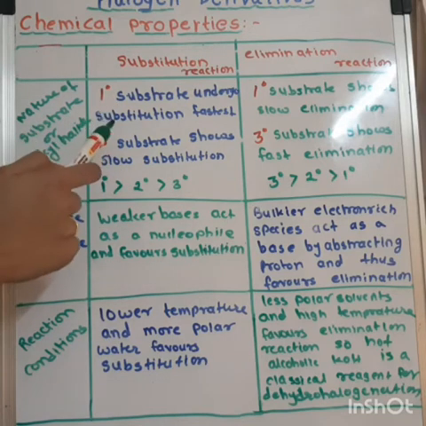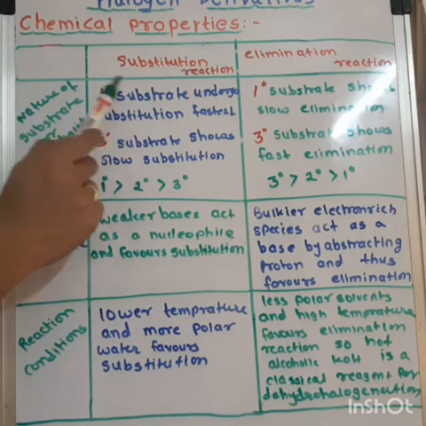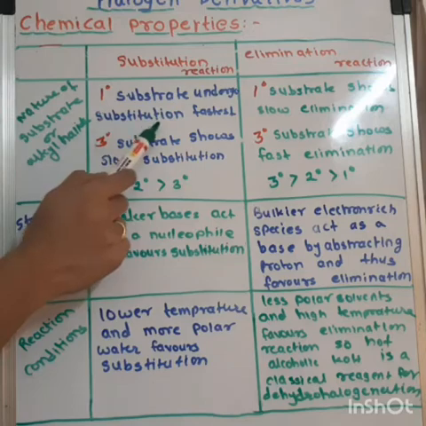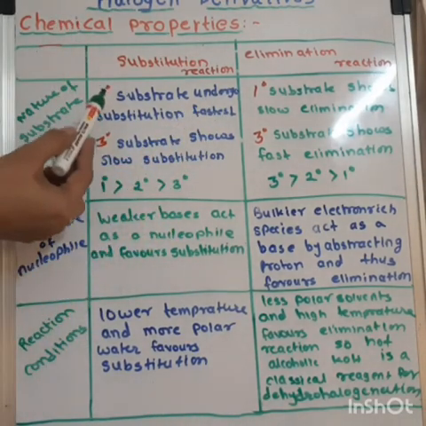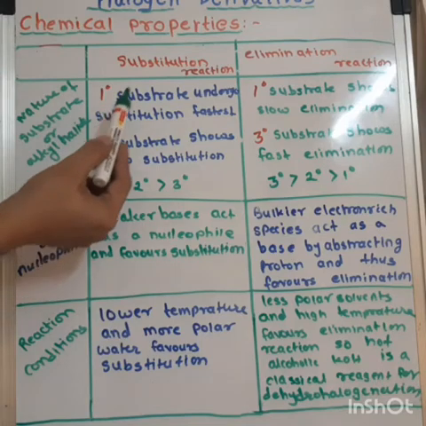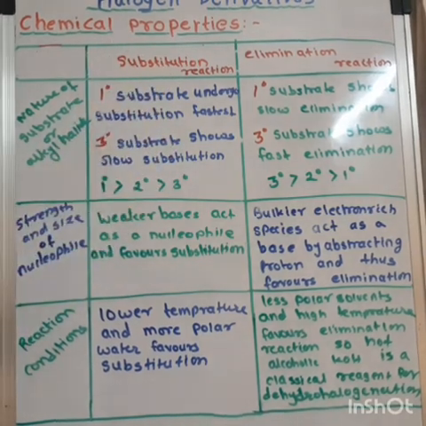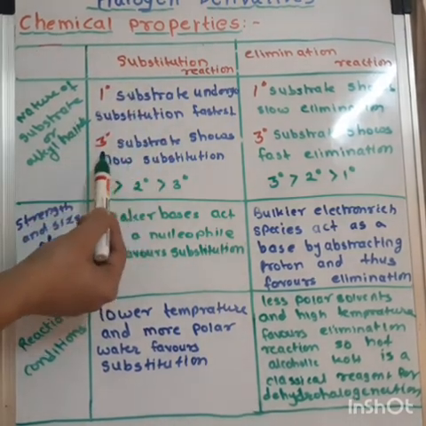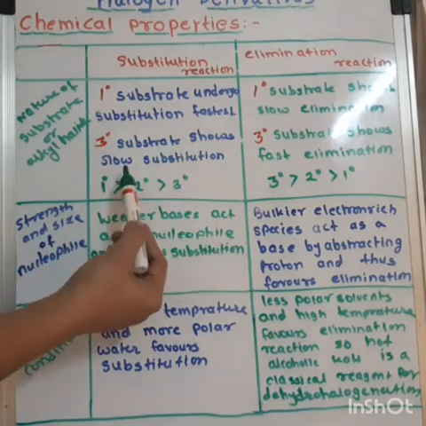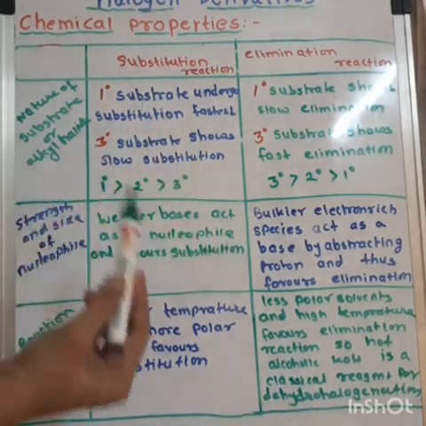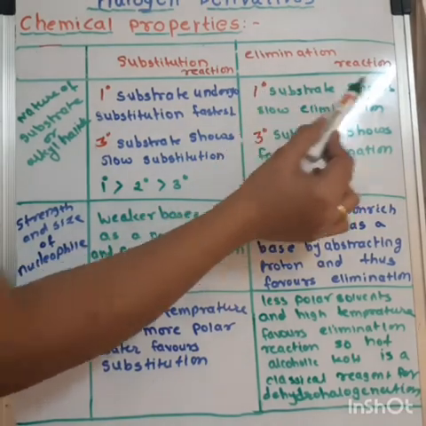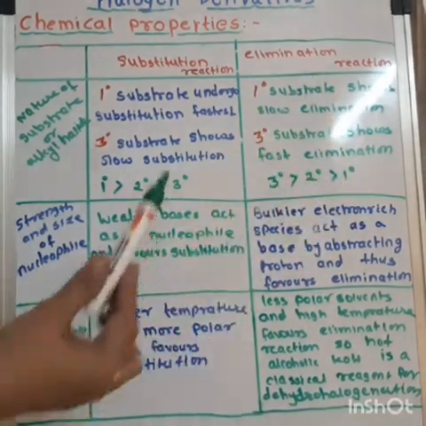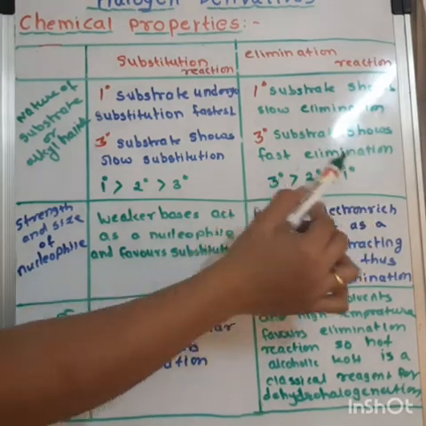In substitution reactions, primary alkyl halides undergo substitution fastest, and tertiary alkyl halides show slow substitution. In elimination reactions, primary alkyl halides show slow elimination, but tertiary alkyl halides show fast elimination.